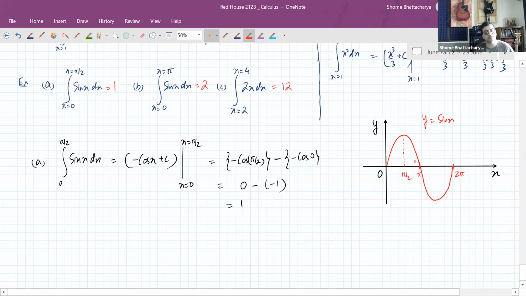Notice that the sin x graph has an inverted symmetry, that this half and this half are the same. So whatever area we are getting here is actually integration from 0 to pi by 2. This area is equal to that area, which is pi by 2 to pi. And as it turns out, this is also 1. So that is why the total area from 0 to pi will come out to be 2.